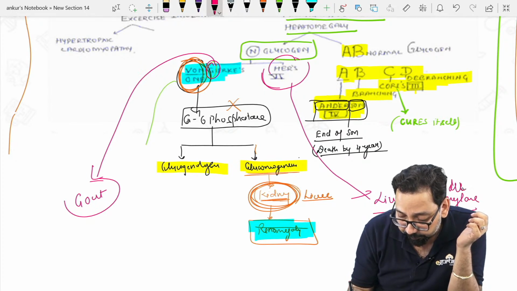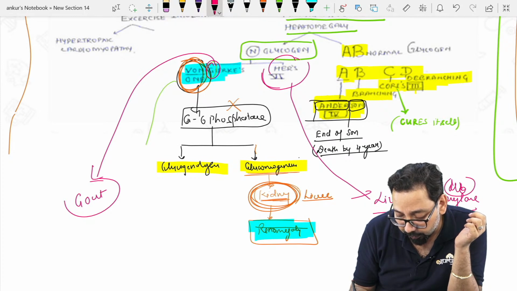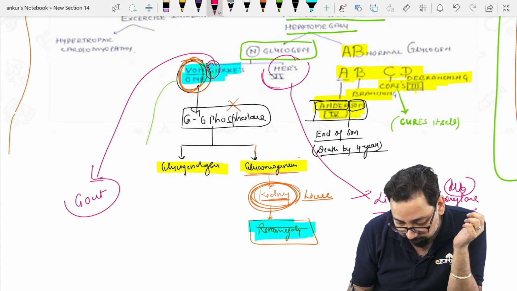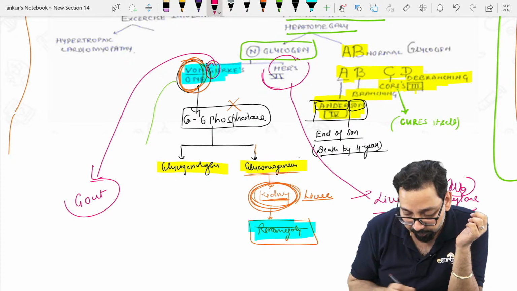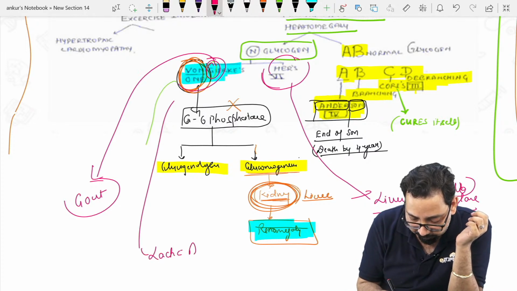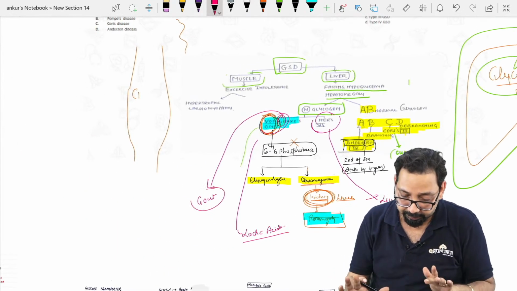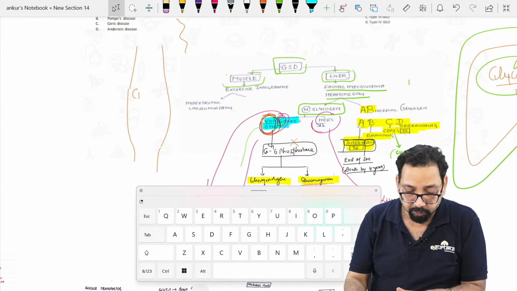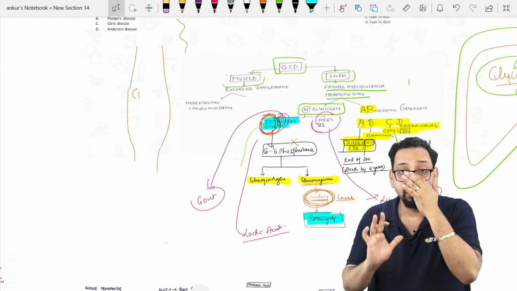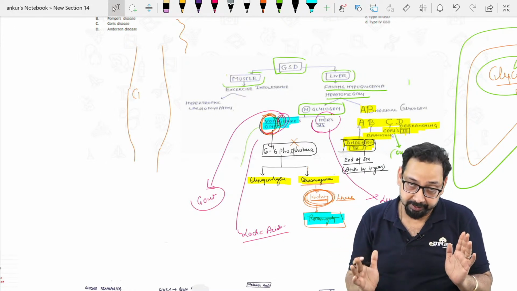In this, no gout, no renomegaly, no lactic acidosis. But in von Gierke's, lactic acidosis would be there. Clear? So this is very easy to differentiate. Again I repeat, simply you will see normal or abnormal glycogen. Abnormal: A, B, C, D. Normal: it may be von Gierke's or type 6.